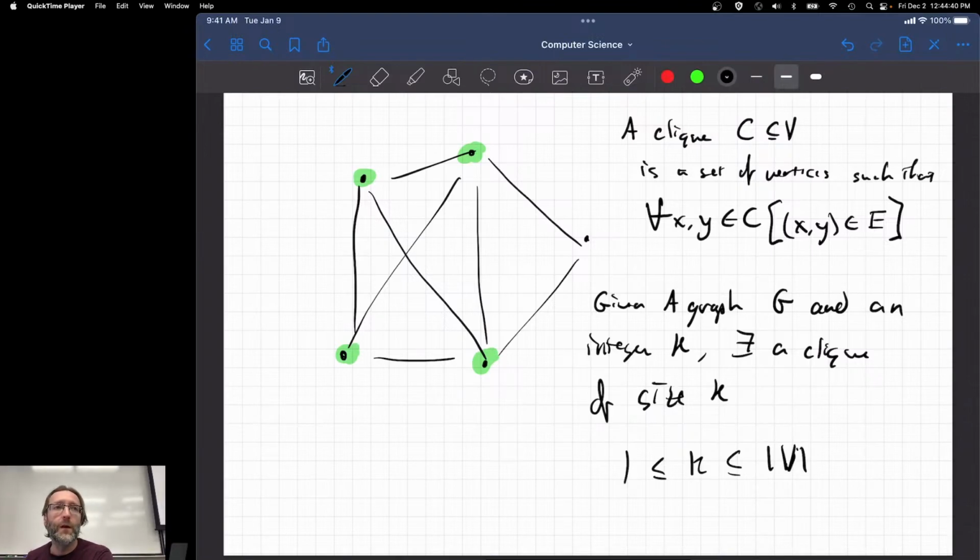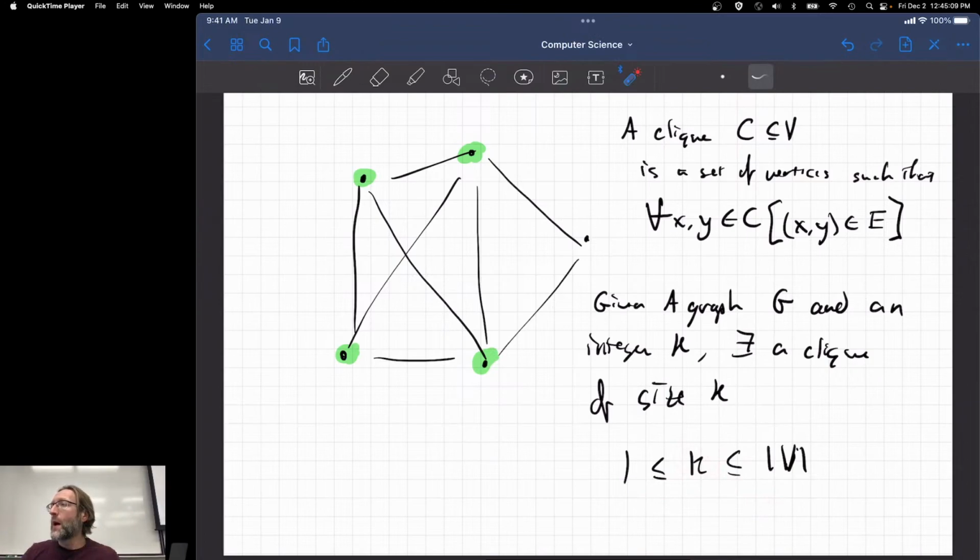You will always have a trivial clique of size 1, so if k were 1, you would immediately answer yes. If k were 0, it's ill-defined. If k were |V|, then you're basically asking, is this graph a complete graph? That would also be very solvable. Why? You just have to check the size of the edge set. But for general k running from 1 up to |V|, this is an NP complete problem.